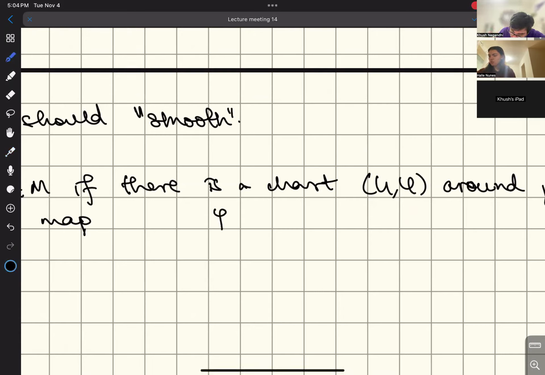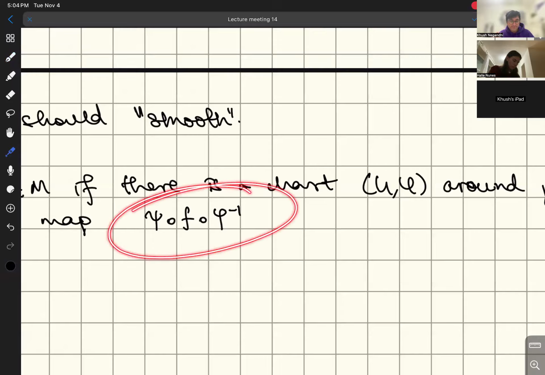We have to use the map phi inverse to come back to M. Now we can compose this with F, so now we're in N. And then we have to go into R^n, so we compose by psi. Okay, so we can talk about this map.